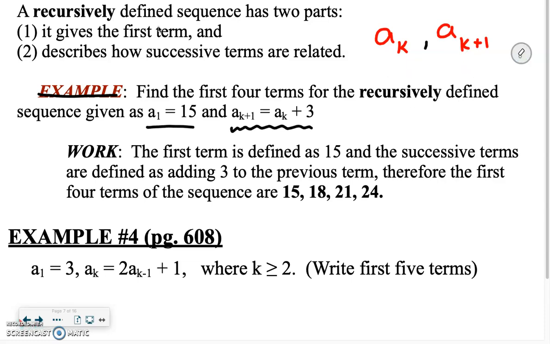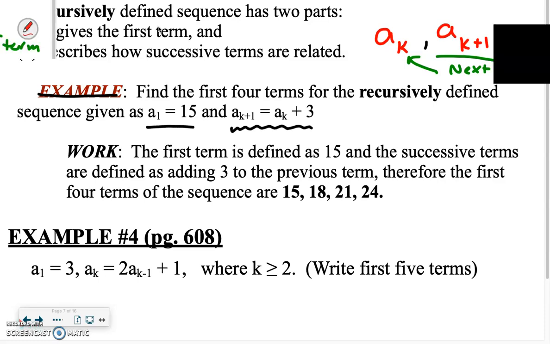If k was, what did we say before, 2000, then that's a sub 2000. Well, then a sub k plus 1 is going to be a sub 2001. All that k plus 1 is signifying is that that's the next term that comes after k.